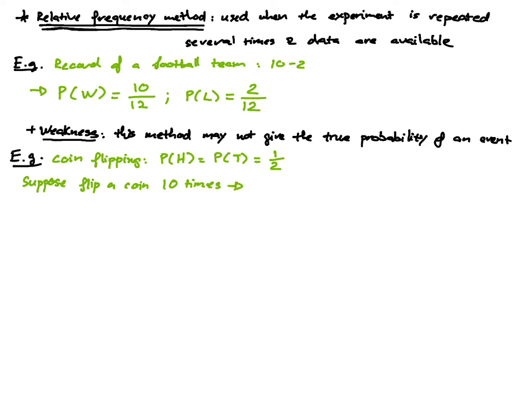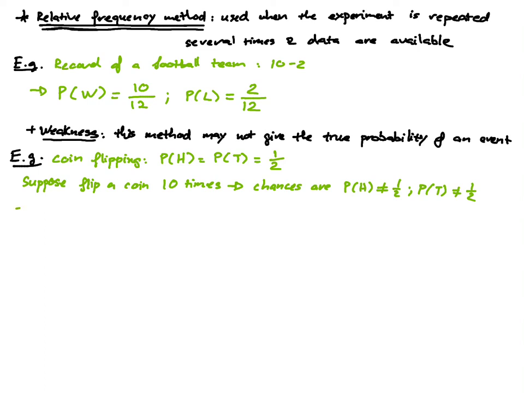Chances are, the probability of getting a head from that 10 repetitions of the experiment is not going to be 1/2, and the probability of the tail is not going to be 1/2. Right? It's just the nature of flipping a coin, right?